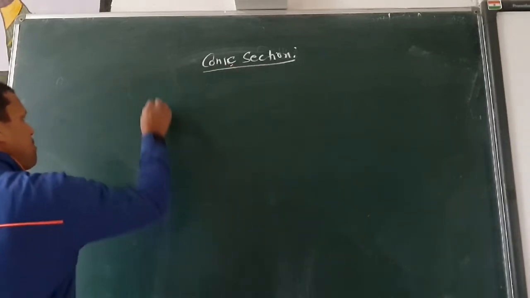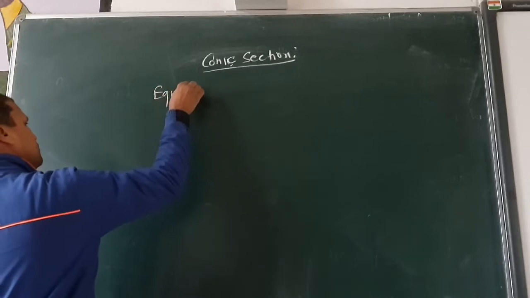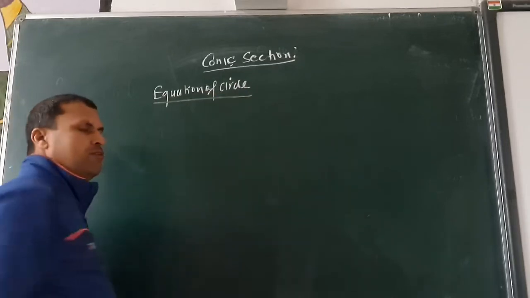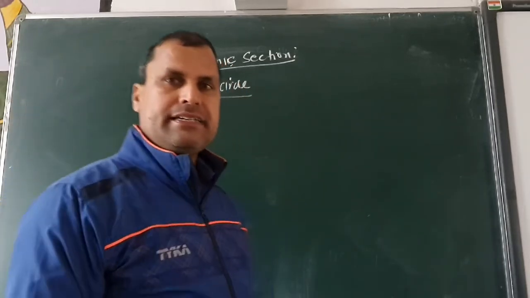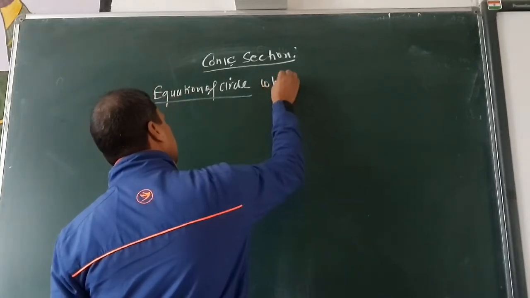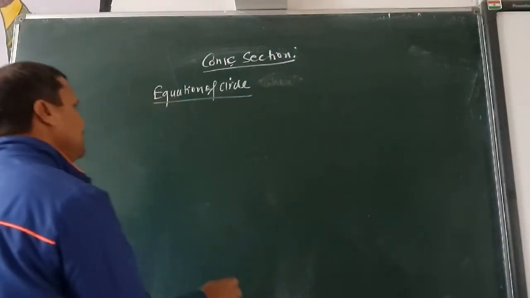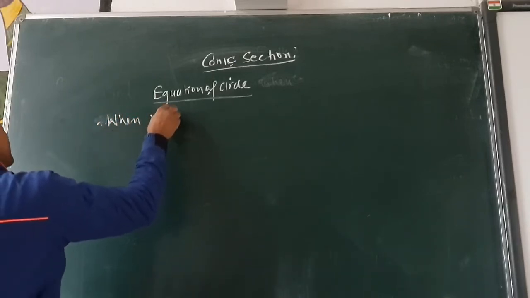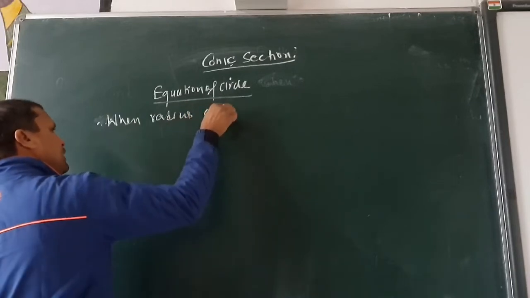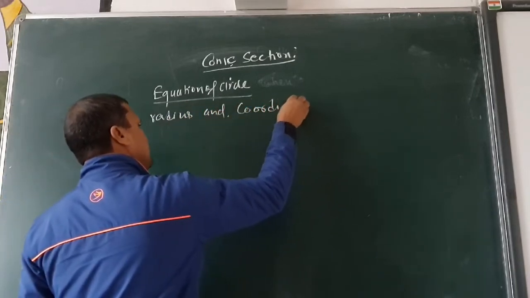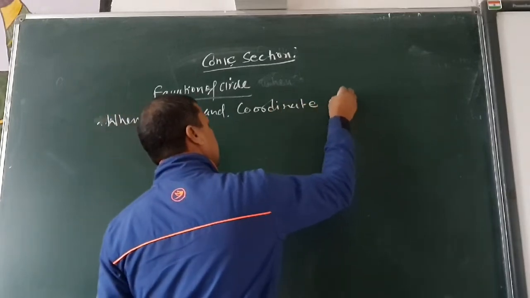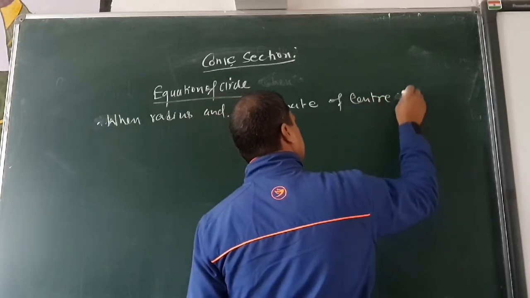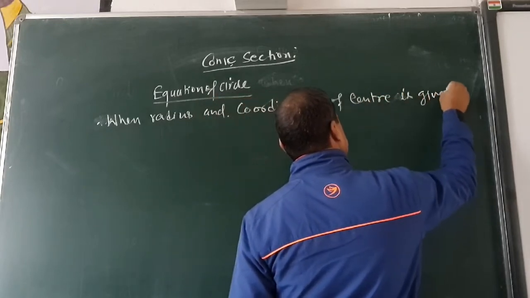Equation of circle when radius and coordinate of center are given.